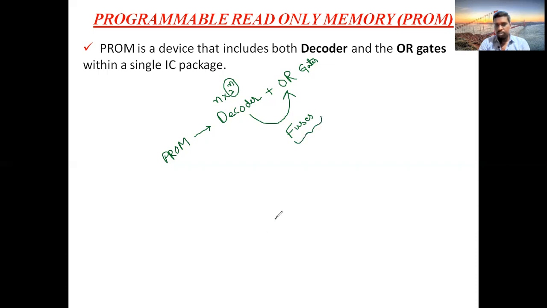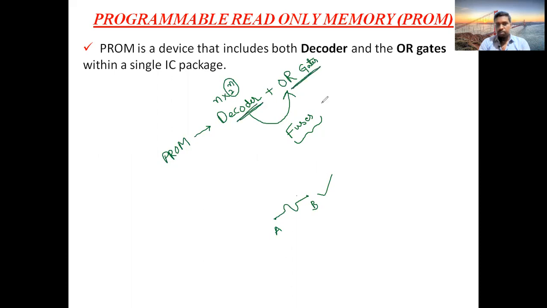What is the symbol of a fuse? Suppose it is a point A and it is a point B, then this is called the symbol of a fuse. Between 2 points, you should represent this symbol. This is called a fuse. With the help of these fuses, you will connect the output of the decoder lines with the OR gates.